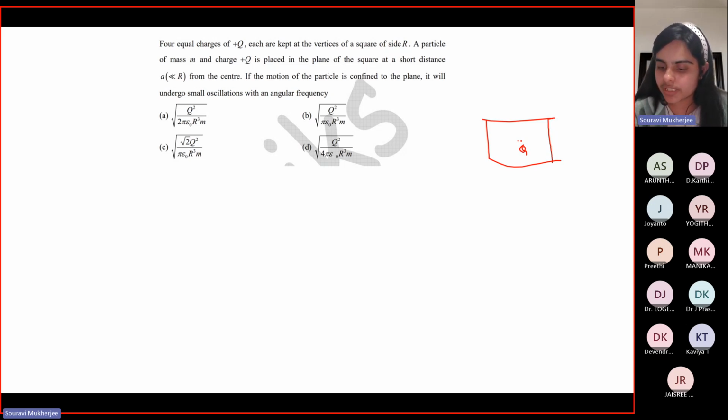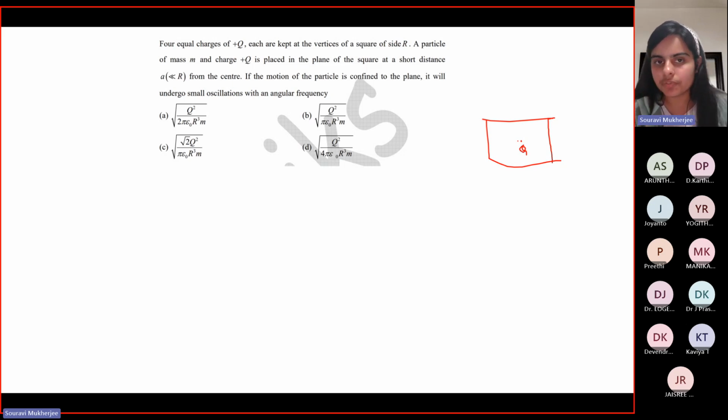So if you write F is equal to kx, this k can also be written as omega square x, right? Where omega is the frequency of your oscillation.